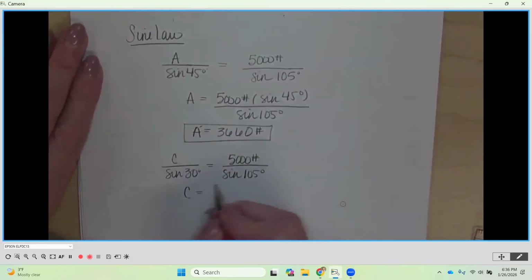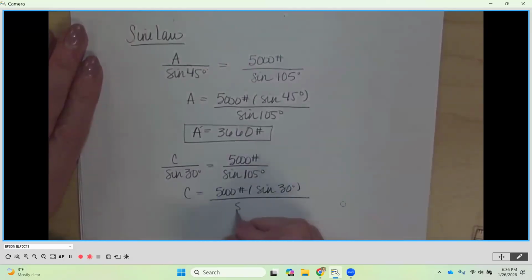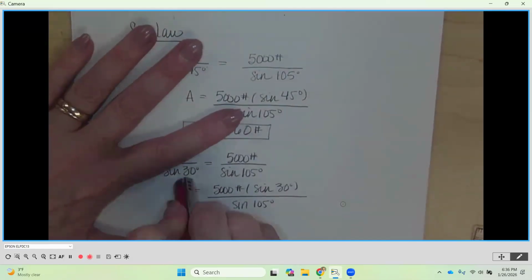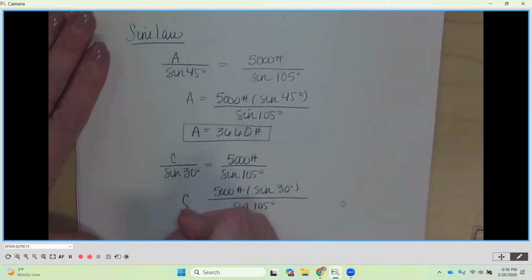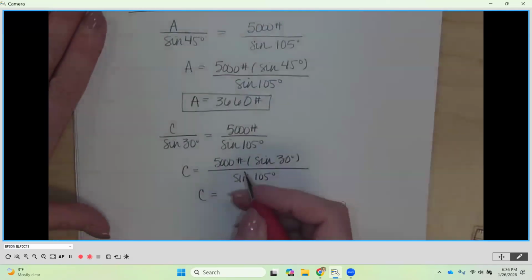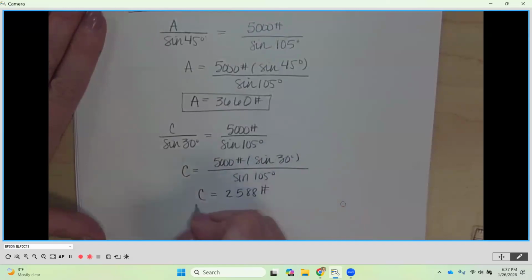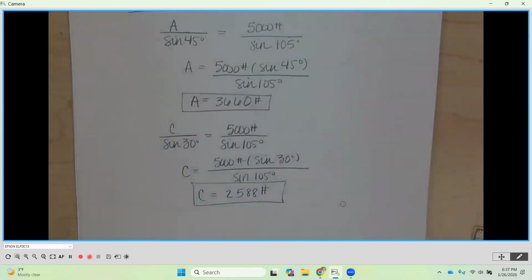So then solving for C, I'm going to have 5,000 pounds times the sine of 30 degrees this time, divided by the sine of 105. My C should come out to be 2,588 pounds.